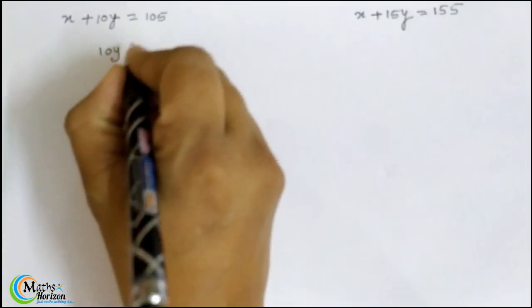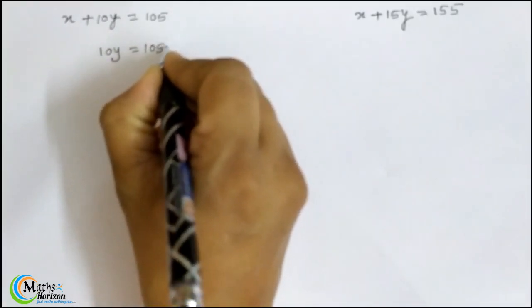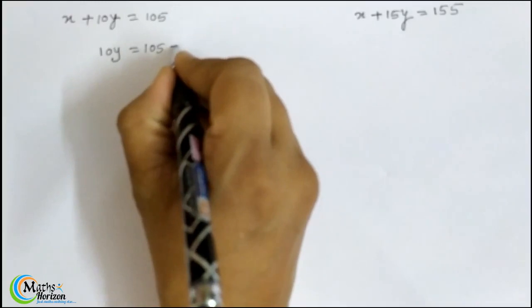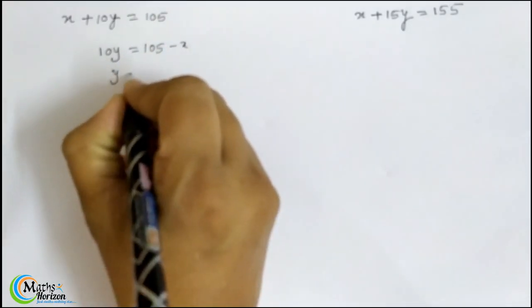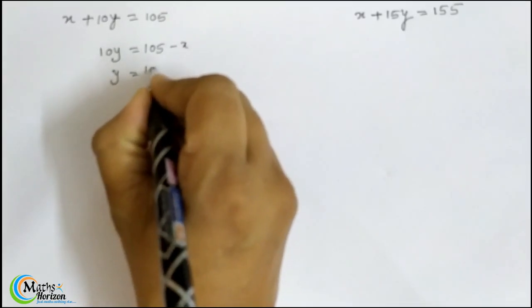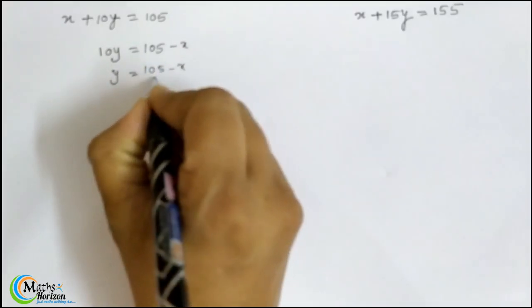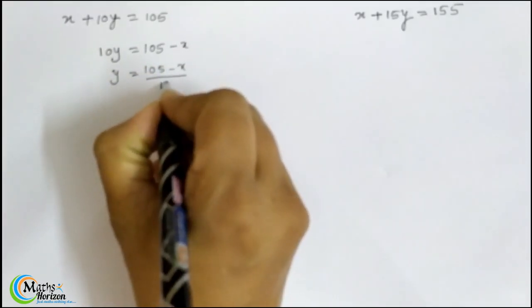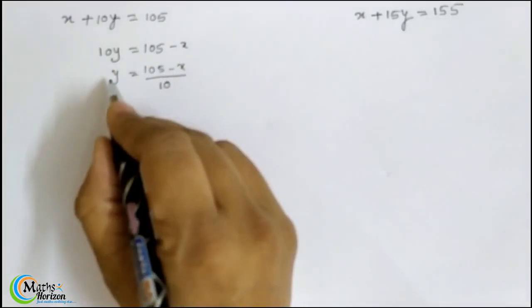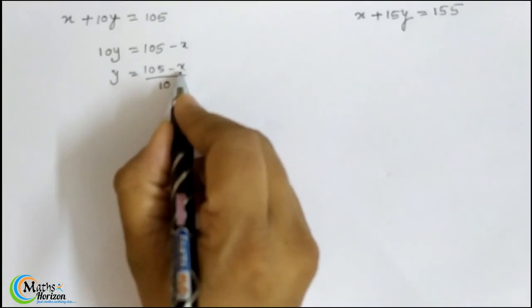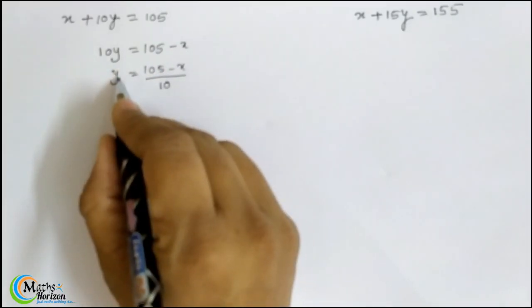So we can write 10y is equal to 105, transposing x to the other side, minus x. So we have to get the y value only. So y is equal to (105 minus x) divided by 10. Now using this expression, we can substitute an x value, and for each x value we can get a y value.